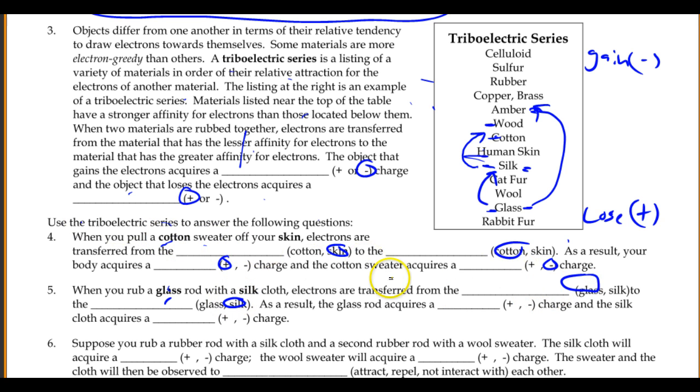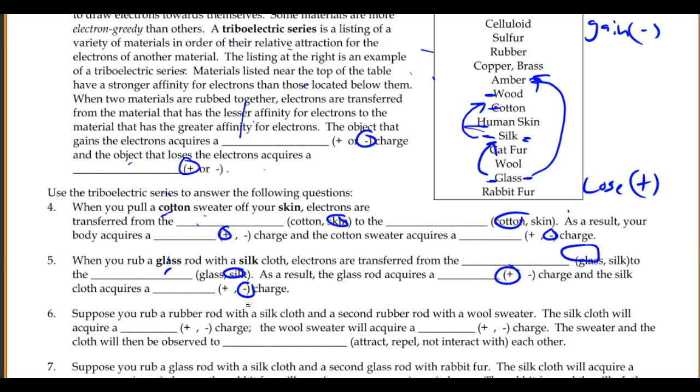So the glass is going to end up being positively charged, and the silk will be negatively charged. If you rub a rubber rod with silk and then a second rubber rod with wool, the silk cloth will acquire... so rubber and silk, rubber's toward the top. It's got a good affinity, likes to hang onto electrons.